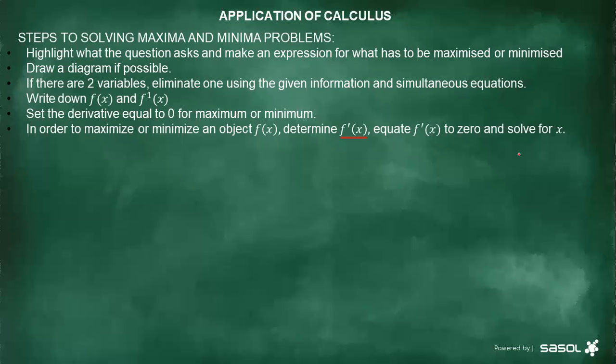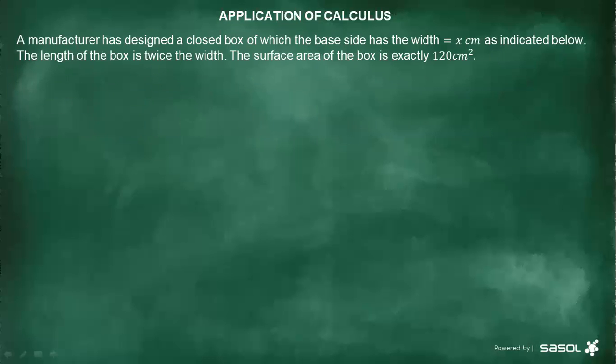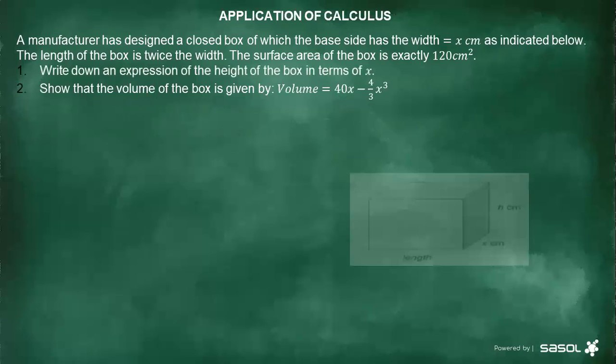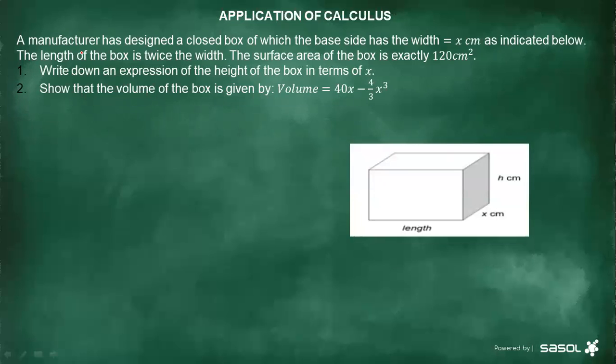All right, let's see questions that you might get in the final examination. Let's see this scenario and see how we answer the questions. A manufacturer has designed a box of which the base has width equal to x centimeters, as indicated below.